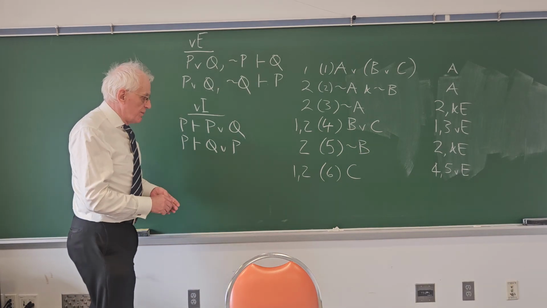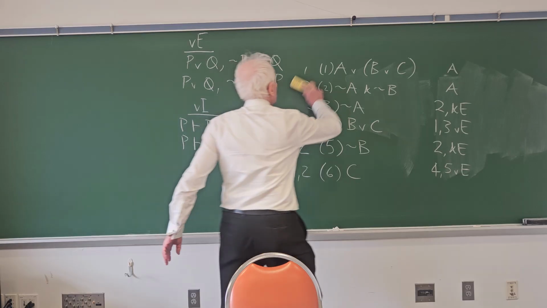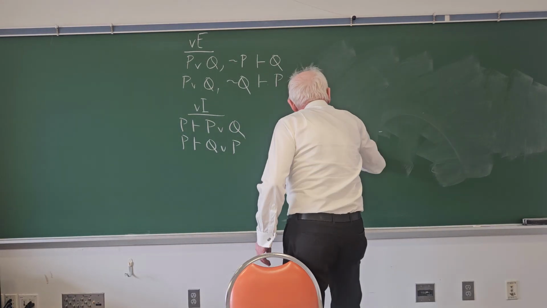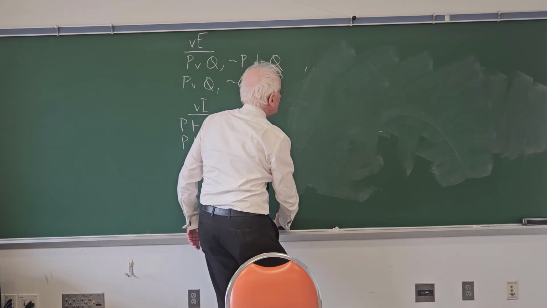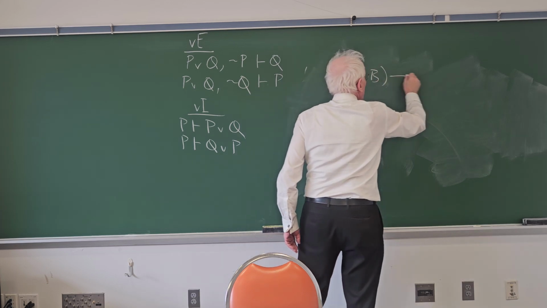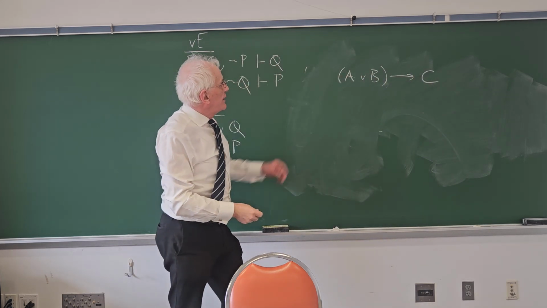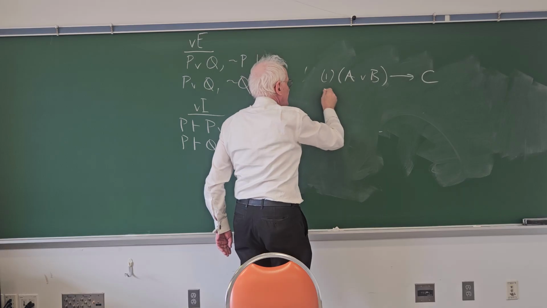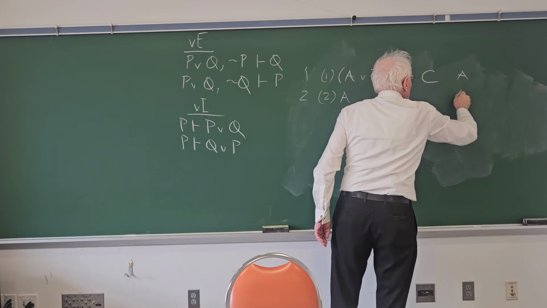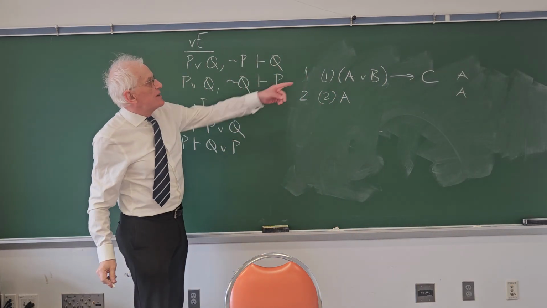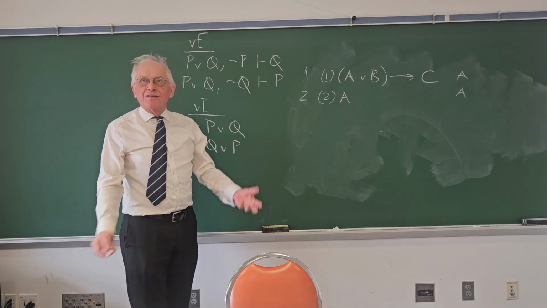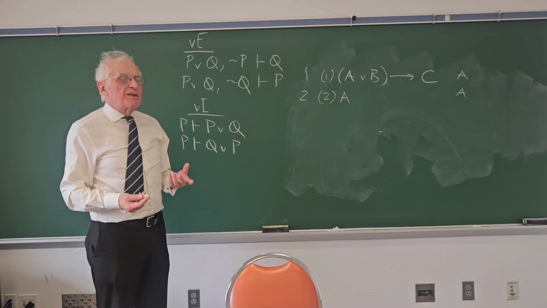For example, suppose you have a conditional that has a disjunction as its antecedent. So this says if either A or B, then C. And our second premise tells us A is true. So obviously C must be true, right?